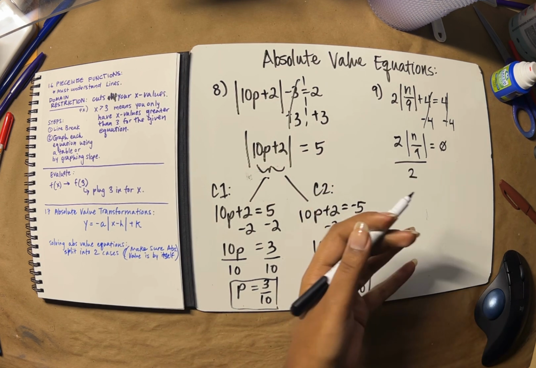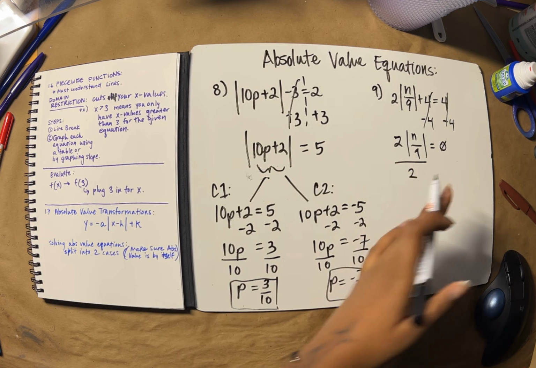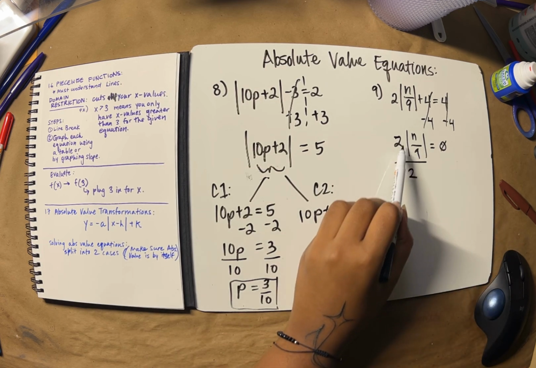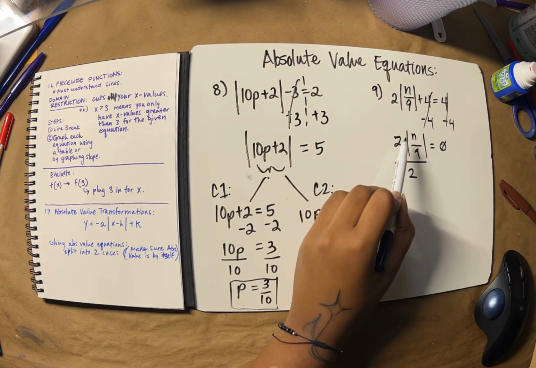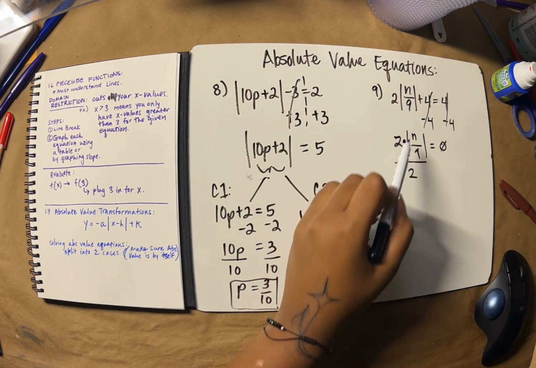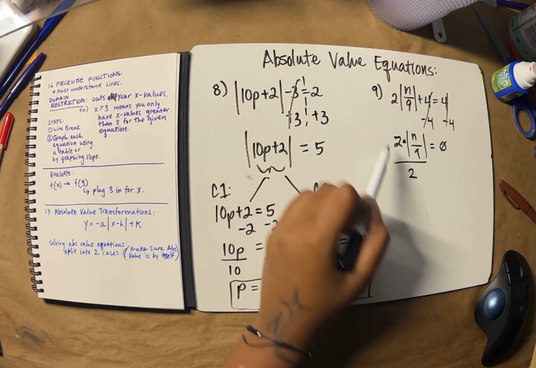As a reminder, when a number is right next to something like a grouping sign or a variable, if we do not see a sign in the middle, if it doesn't say adding or subtracting, I know for a fact that it's going to be multiplying. So I am doing the opposite of multiplication, which is division here.